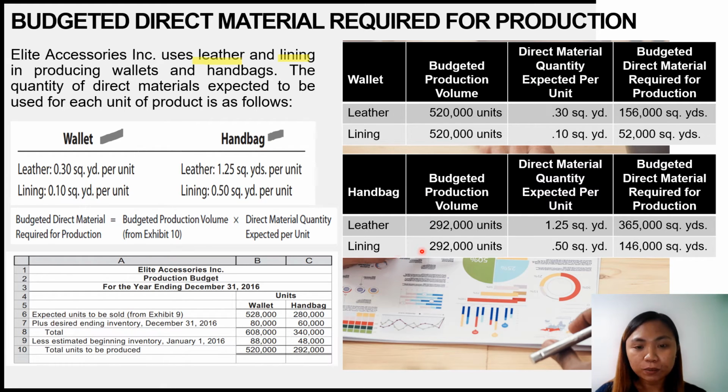For the lining, 292,000 times 0.50 square yard would be equal to 146,000 square yards. This means that 146,000 square yards of lining will be needed to produce 292,000 units of handbag. That is how we would compute the budgeted direct material required for production.